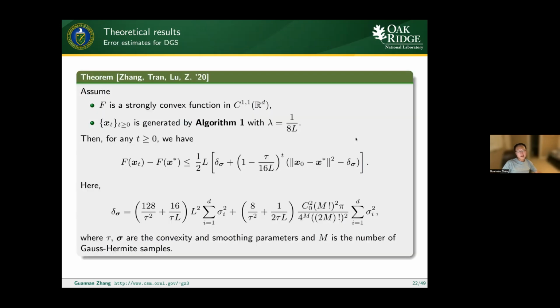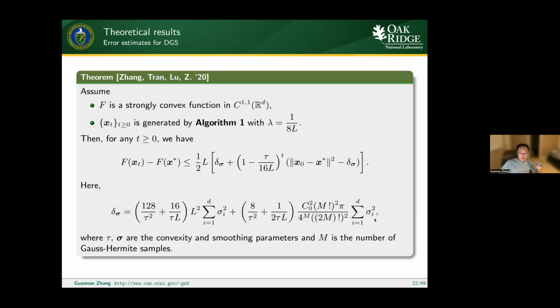Okay, now the analysis of the error bound if we use gradient descent with our non-local gradient to optimize a strongly convex function. What is the error? Here we can see the error is bounded, where x star is the global minimizer. The error caused by our algorithm is delta sigma, which has this form.